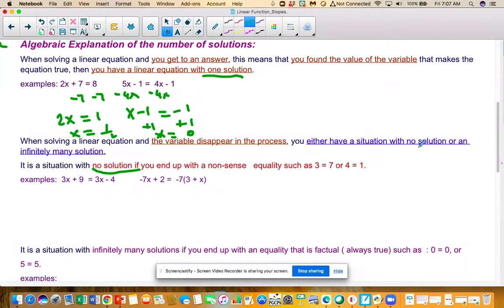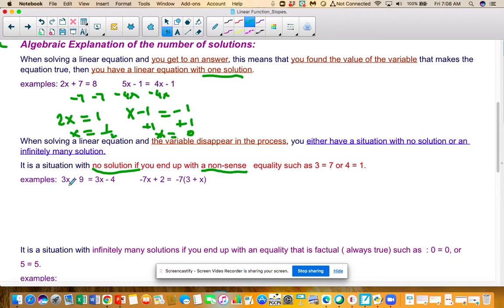Now let's take the situation where we have no solution. If you are solving your equation algebraically, you are going to end up with something that is nonsense, that doesn't make any mathematical sense, an equality that is not true, right?